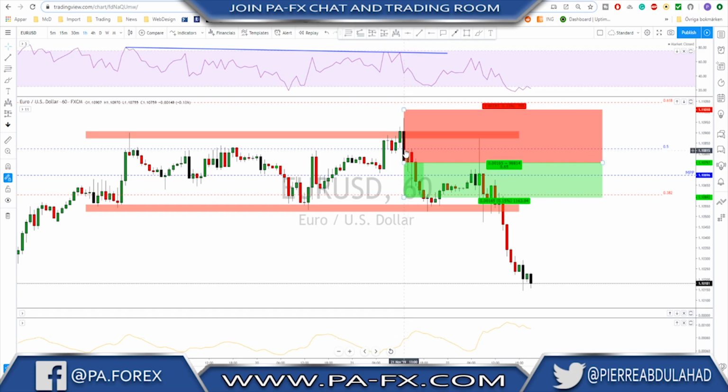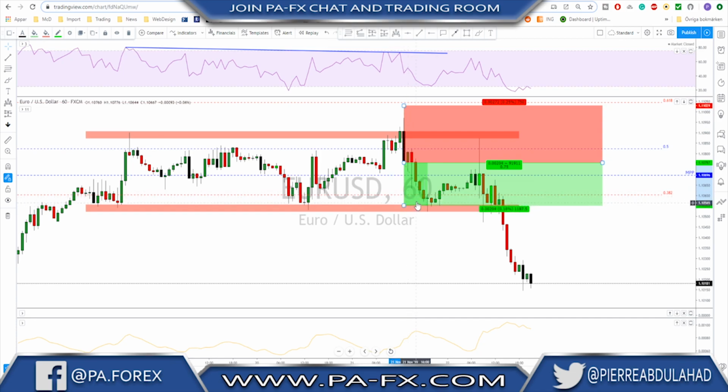So that would be my placement above, give that room above the highest high, which is this candle in this case, plus that above, and targeting the bottom of the range.